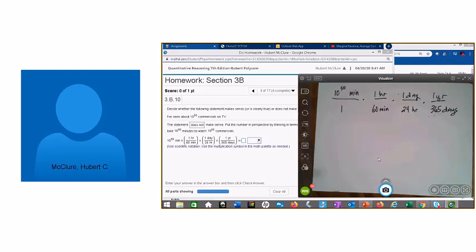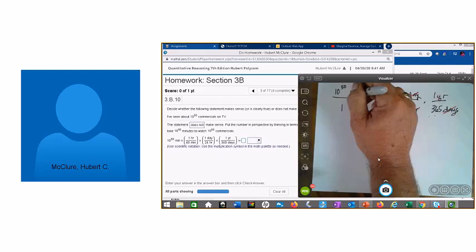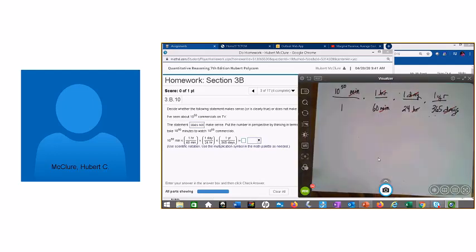Let's see what cancels. The days cancel, the hours cancel, the minutes cancel, so it's per year.